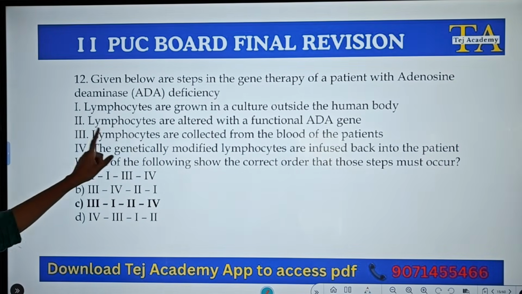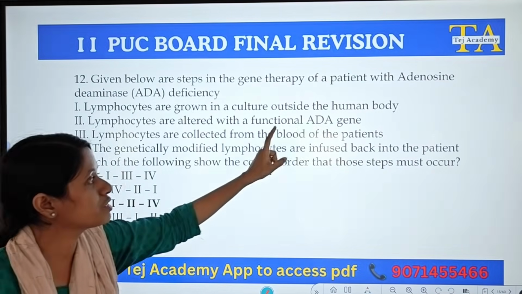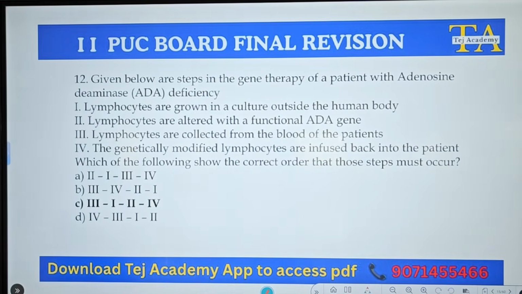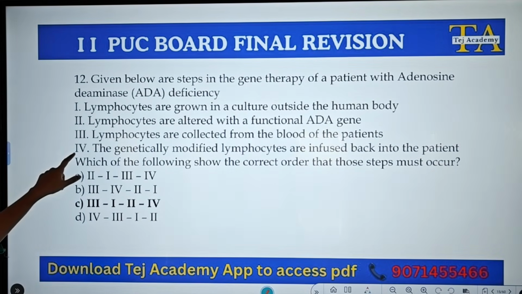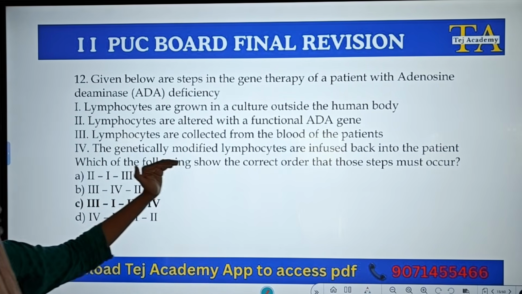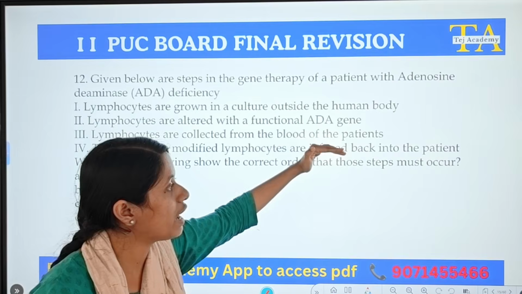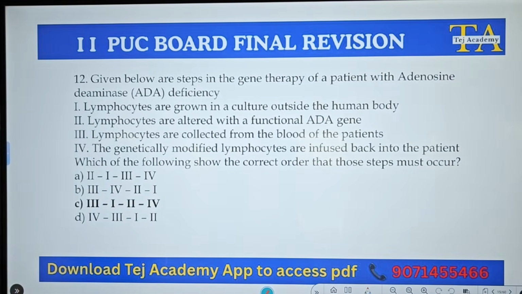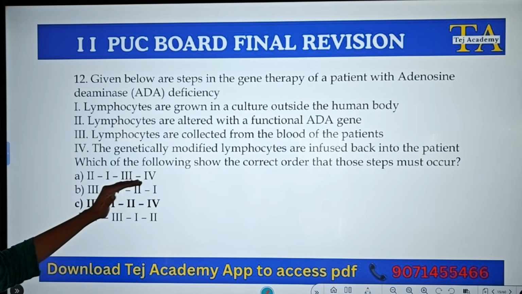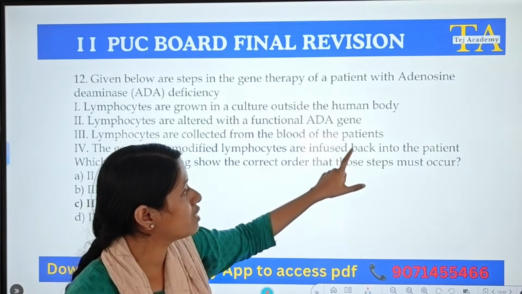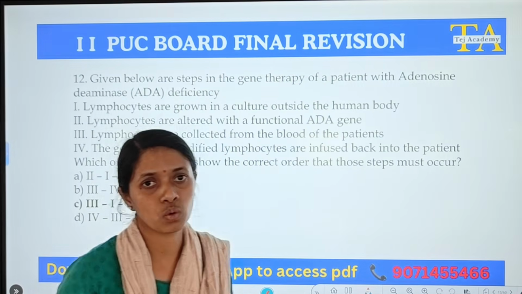And third is, lymphocytes are collected from the blood of the patients. And the fourth statement is, the genetically modified lymphocytes are infused back into the patient. Which of the following show the correct order that those steps must occur?